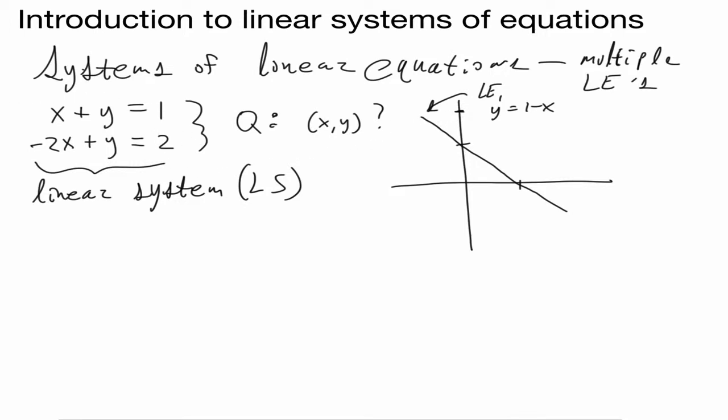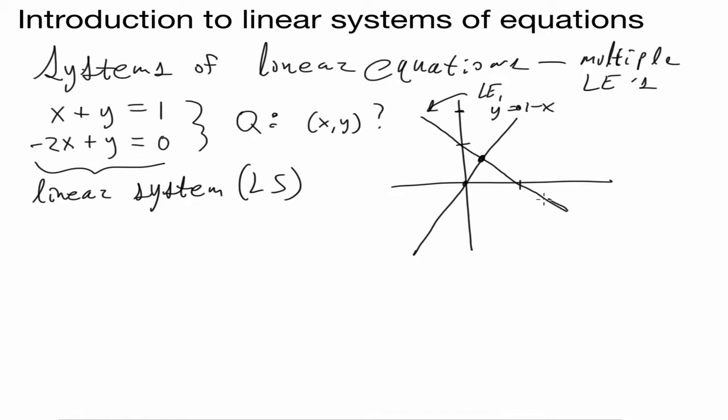I'm going to actually change my equation just slightly and make that 0, okay? And then it's going to pass through that point there, and when we go 1 over, it goes up 2, so it's going to go like that, like there. So there is an intersection point.